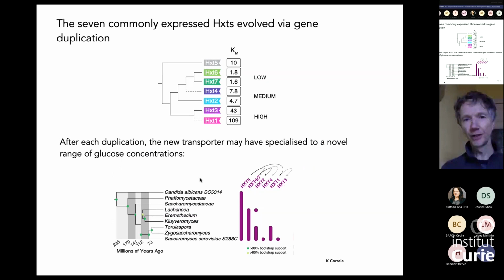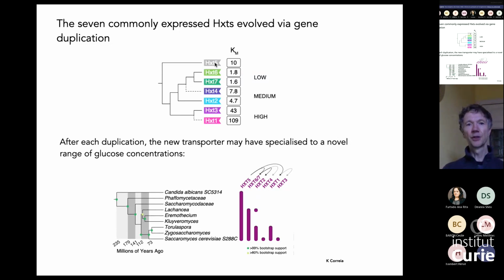The way that we imagine these transporters evolved is that we know the first transporter was most closely related to this gray one, HXT5, and then it evolved through gene duplication.